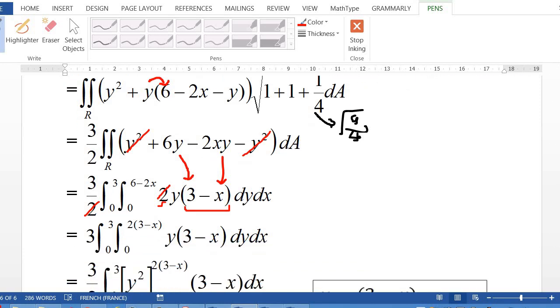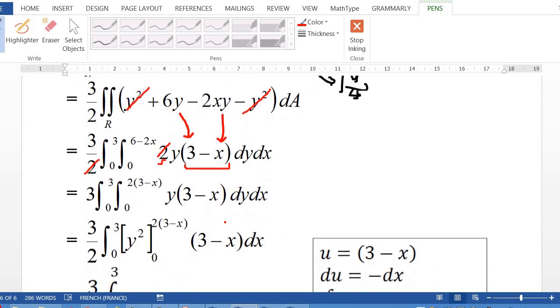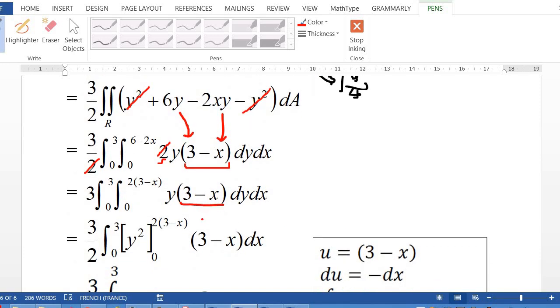So the 2 and the over 2 here cancel, leaving 3, times the integral from 0 to 3, integral from 0 to 6, which becomes 2 times, factoring out 2, times 3 minus x. Then integrate y times 3 minus x dy dx. When integrating with respect to y, 3 minus x is constant.